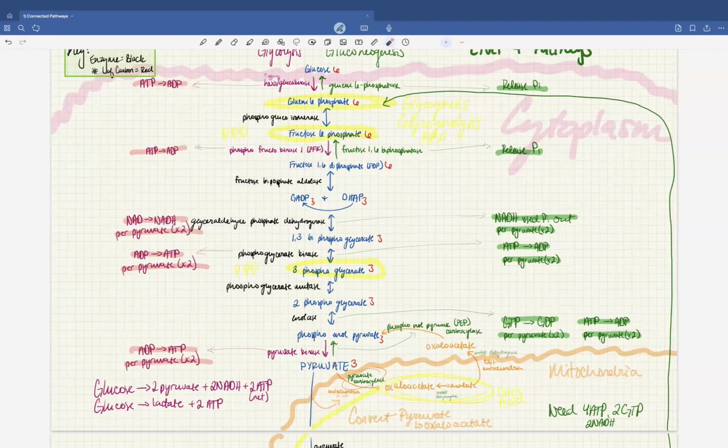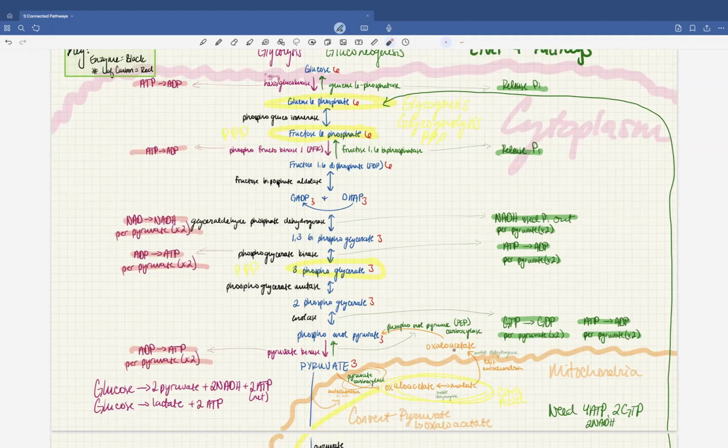The reason pyruvate is taken into the mitochondria is because that's where the pyruvate carboxylase enzyme is. Then, while in the mitochondria, oxaloacetate will be converted into malate, since that's the only form that can actually exit the mitochondria. Then when it's back in the cytoplasm, oxaloacetate will be created from malate again.